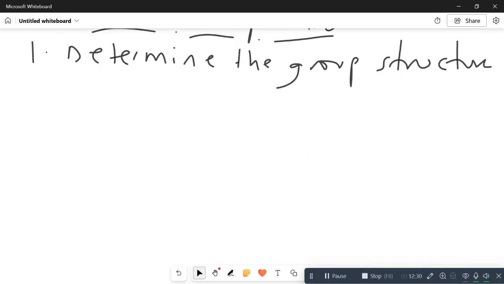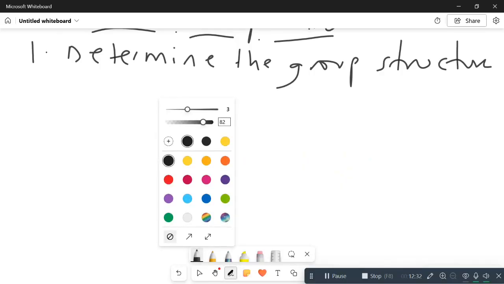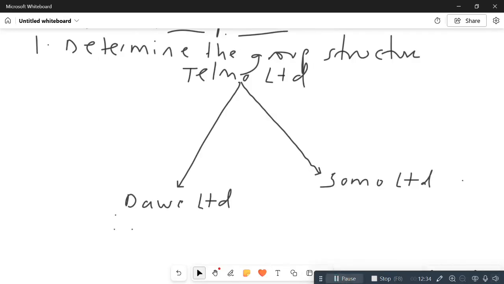The group structure shows the parent, the subsidiary and the associate. According to this structure, Teremo Limited up here is acquiring shares in Dawe Limited, indicated by the arrows, and also acquiring shares in Somo Limited, indicated by this arrow going down from the parent to those companies.